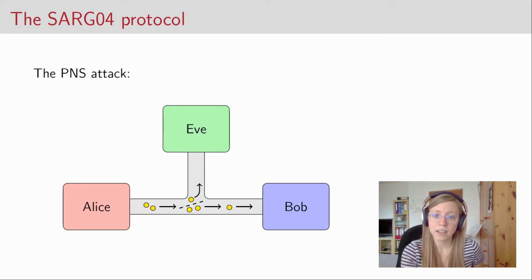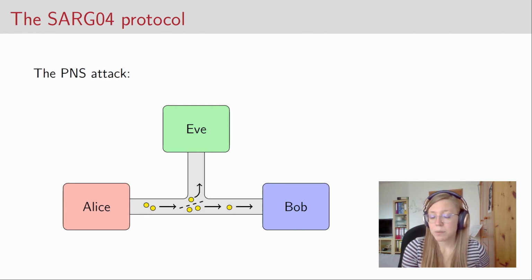So in all the cases where there is more than one photon, Eve can gain perfect knowledge about the key. And it is very difficult for Alice and Bob to detect this attack, because Eve doesn't introduce any errors in the photons that Bob receives. And for the BB84 protocol, this attack is very severe.